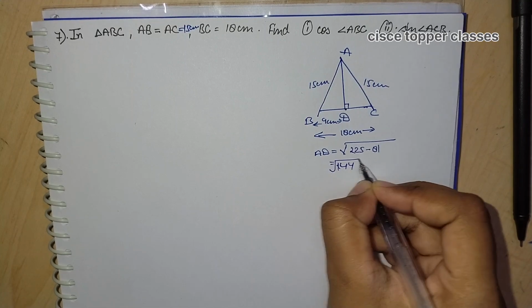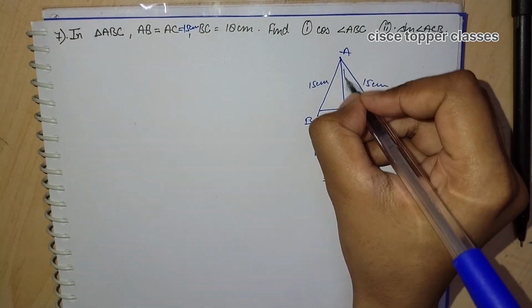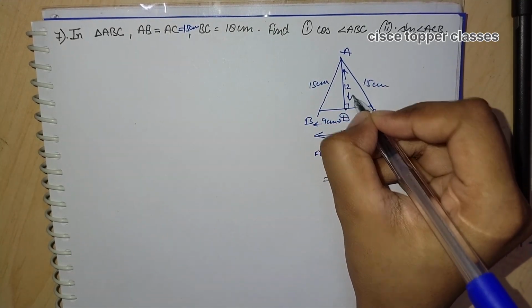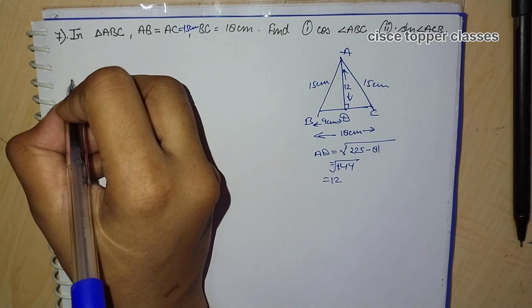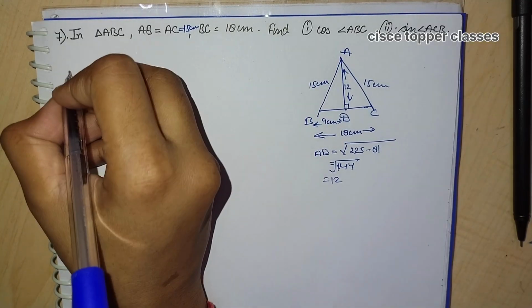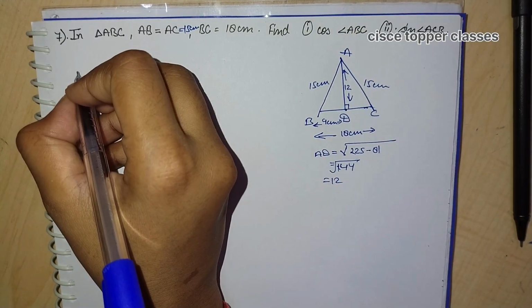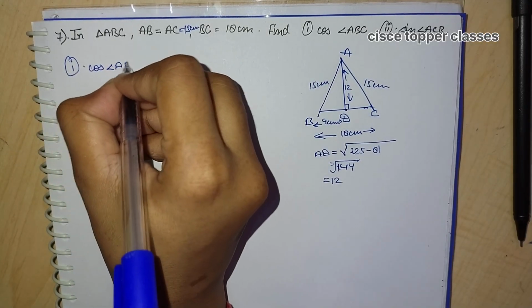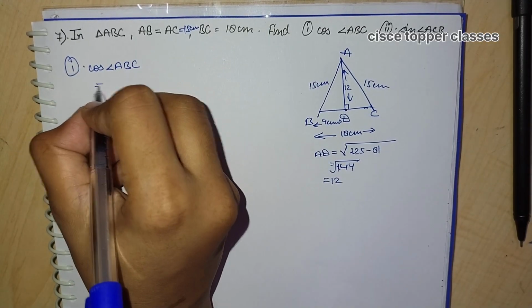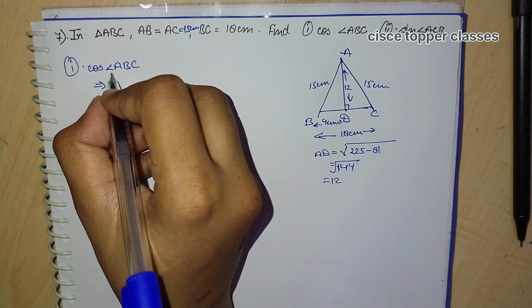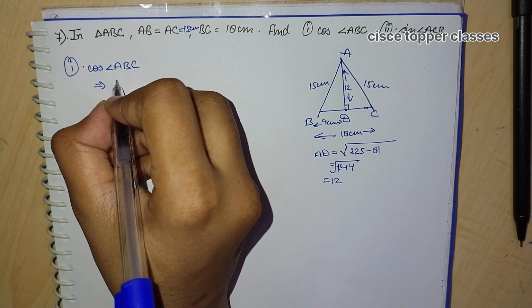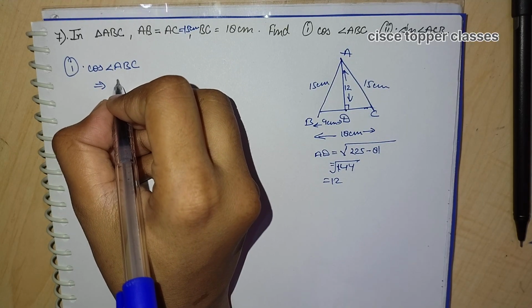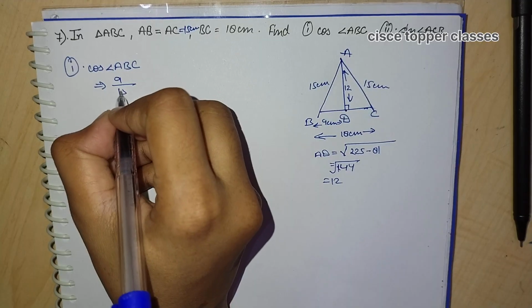On calculating, under root of that will be 12, means AD is 12 here. From that only we can find the cos of angle ABC. So here we have to find the value of cos of angle ABC in first part. So cos of angle ABC we can write it as base by hypotenuse. So this will be 9 by 15 we can write here.